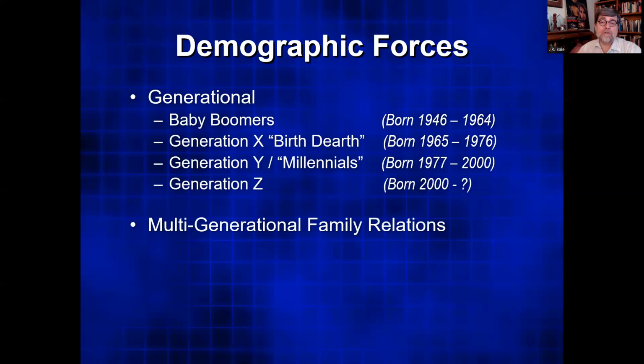Some other changes. We're kind of going back to where we have multi-generational families. This was not that unusual. When my father was growing up, he lived with his parents, and also they lived with their grandparents, and I would always hear about various uncles who would be living in that house at the time.